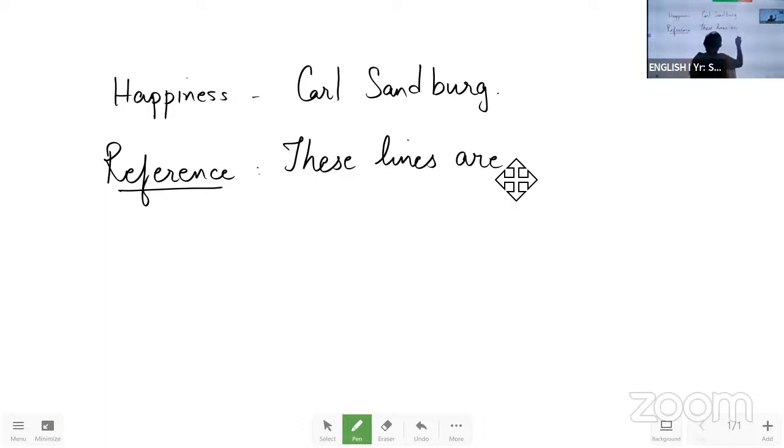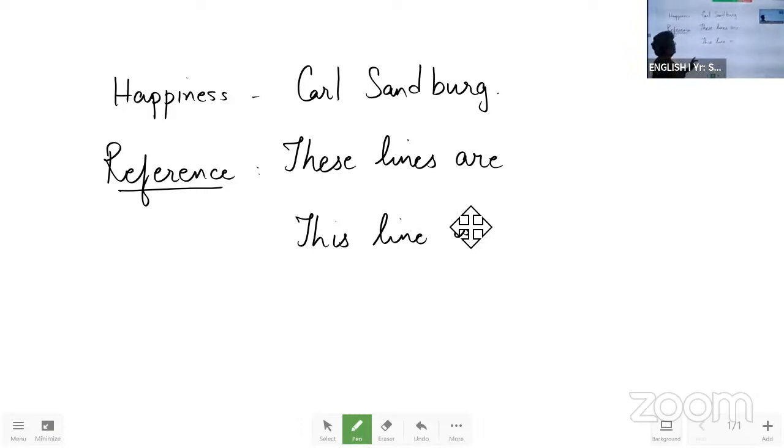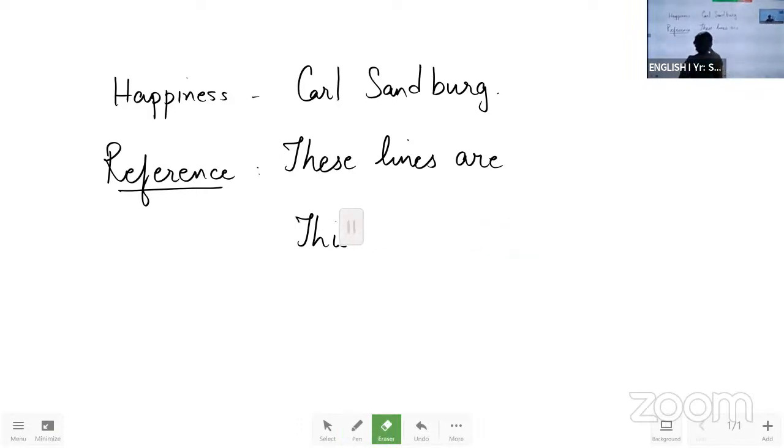Now a common mistake by students. This is in plural, or you can write this line is. But there are times when children combine the singular with plural. You say, this lines are. In English, all this is taken into consideration.